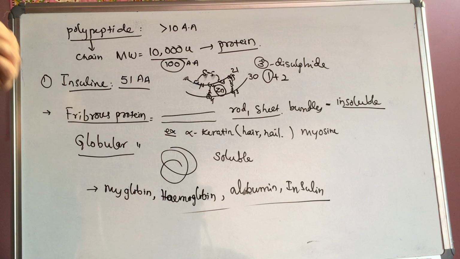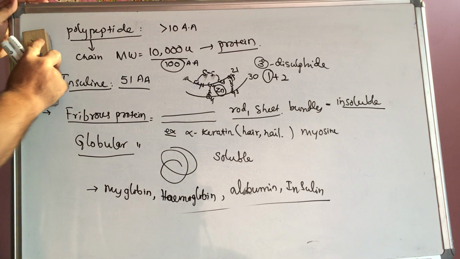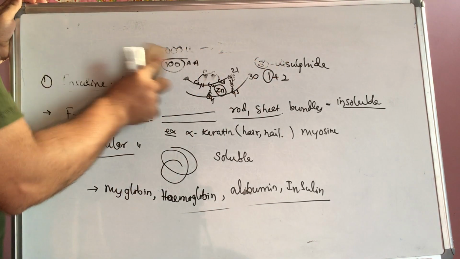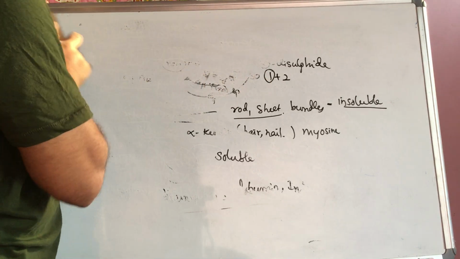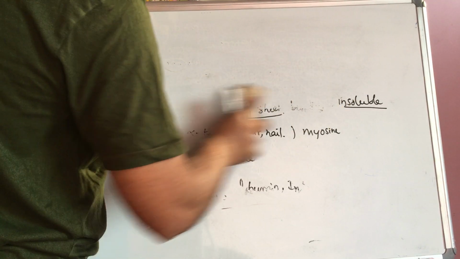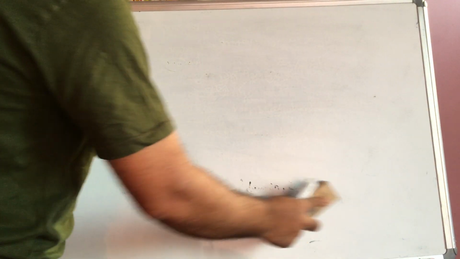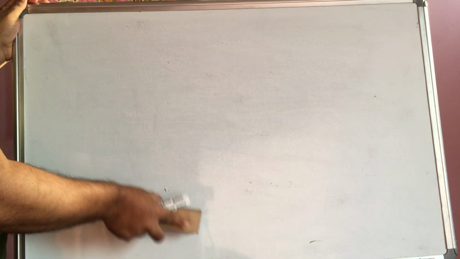I gave a simple explanation about what a polypeptide chain is and what a peptide bond is. But other than this, one of the most important parts is the isoelectric point. What is the isoelectric point? The isoelectric point is the pH at which the amino acid has a net charge of 0.